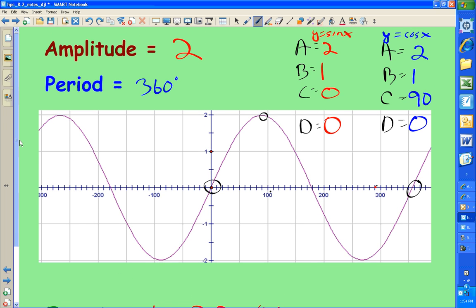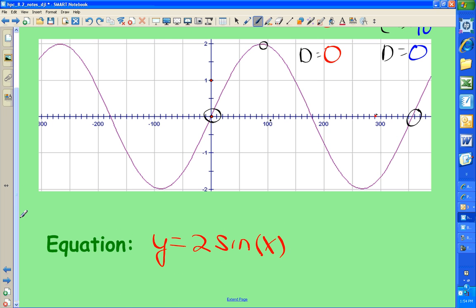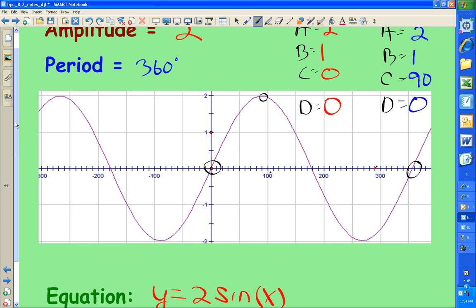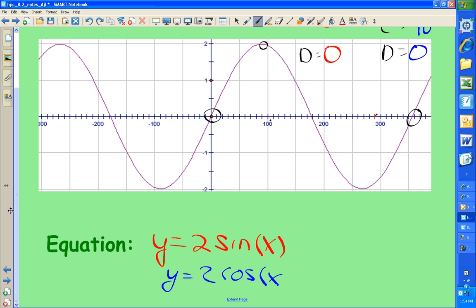Everything else was zeros. So y equals 2 sine x would be a perfectly valid equation. And if we use cosine, we would have y equals 2 times the cosine of x minus 90, and again, plus 0. We don't need to put plus 0. Both of those 2 equations generate this graph right here. It will be one right on top of the other.